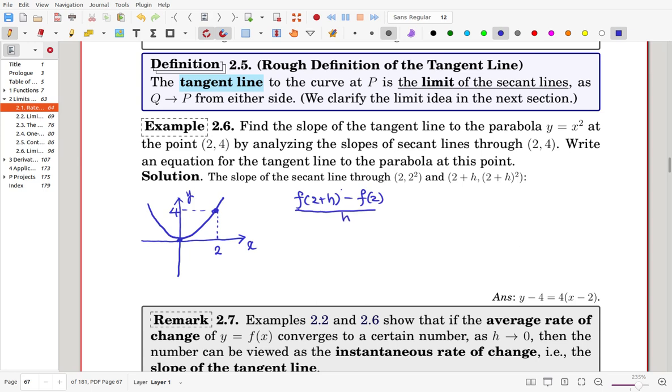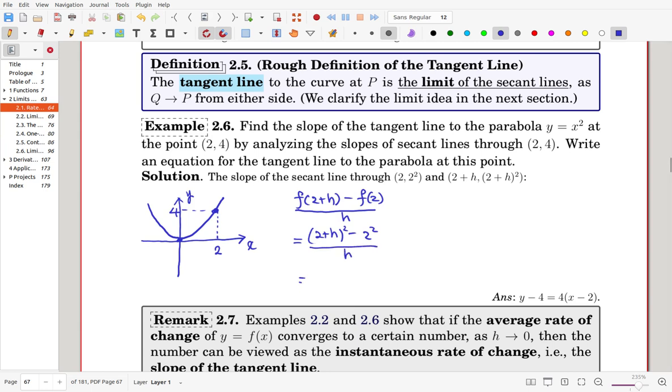That is now the average rate of change. Here f of x is x squared, so the numerator is 2 plus h squared minus 2 squared, divided by h.